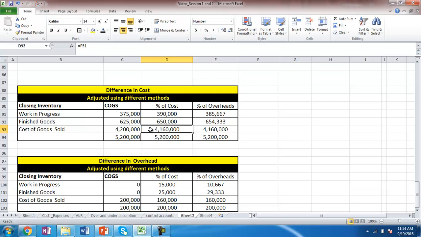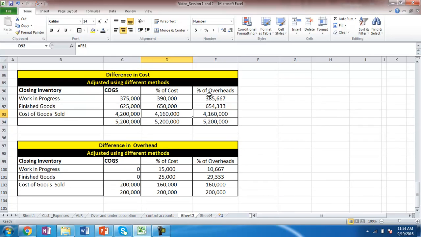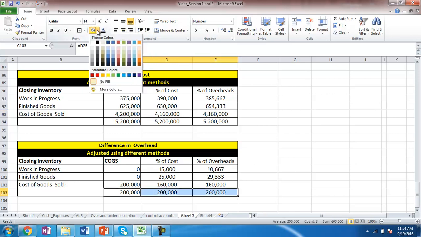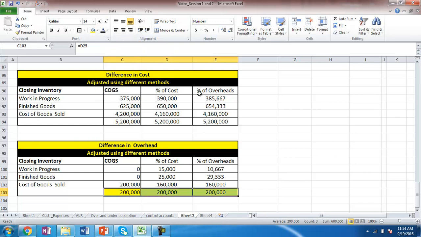So therefore, a question comes to mind: is there anything called accurate costing, which is right? The cost is different because the overheads absorbed are different. The over allocated and under allocated overheads, if any, are charged to the WIP, finished goods and cost of goods sold differently. So we can see the total overheads under absorbed is 200,000, but the way it has been charged to these depends on the method.